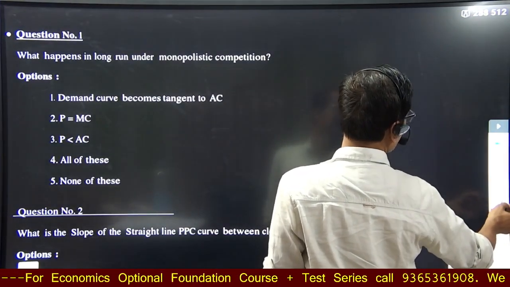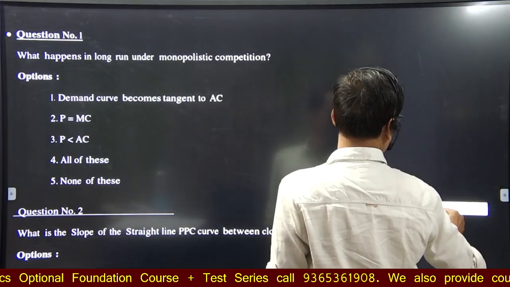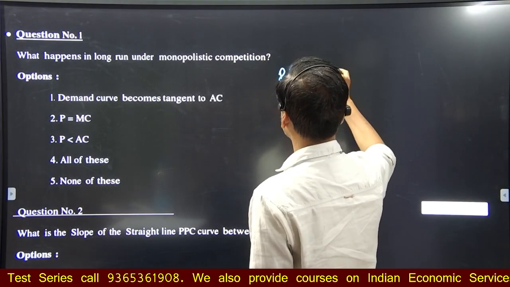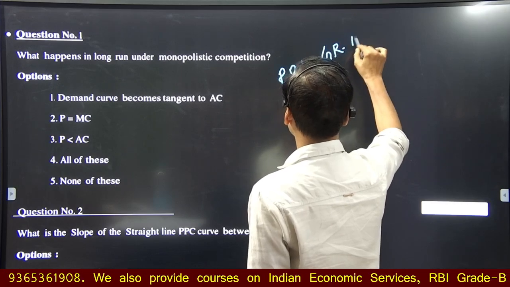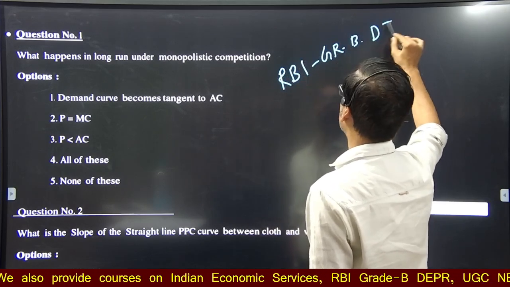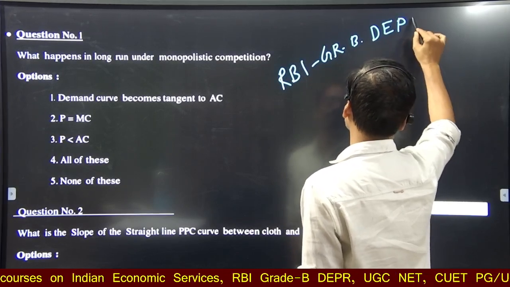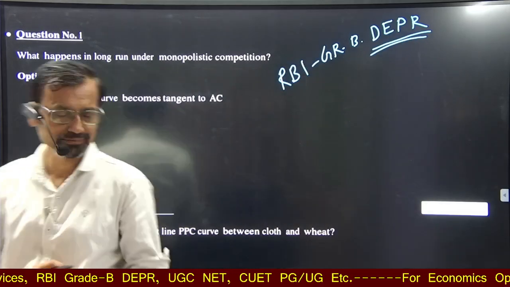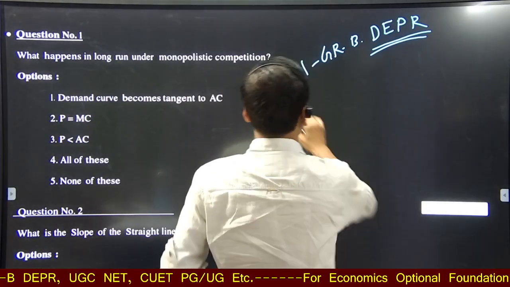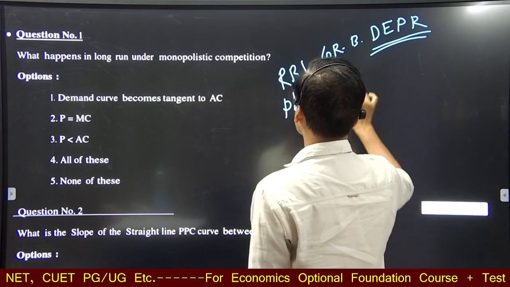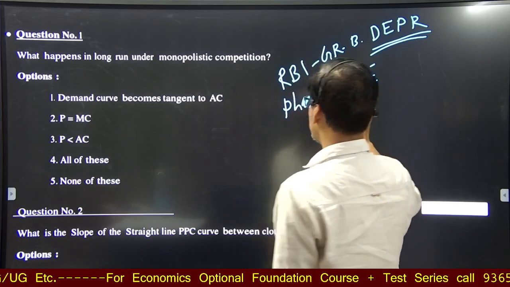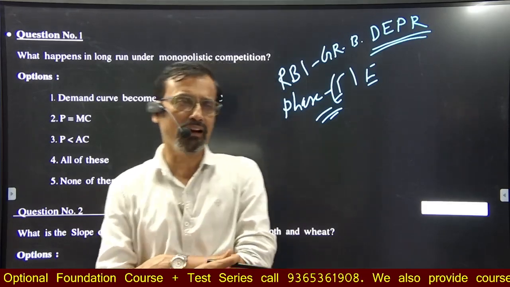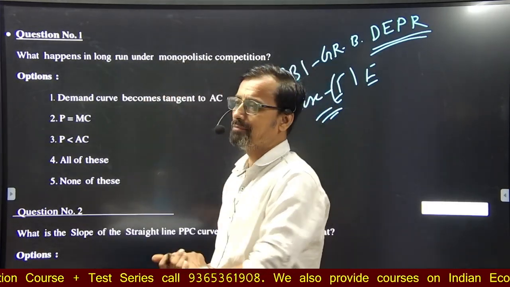Today we will discuss the previous year question paper for RBI Grade V, Department of Economic Policy and Research. In Phase 1, the questions are generally asked in the form of MCQs.